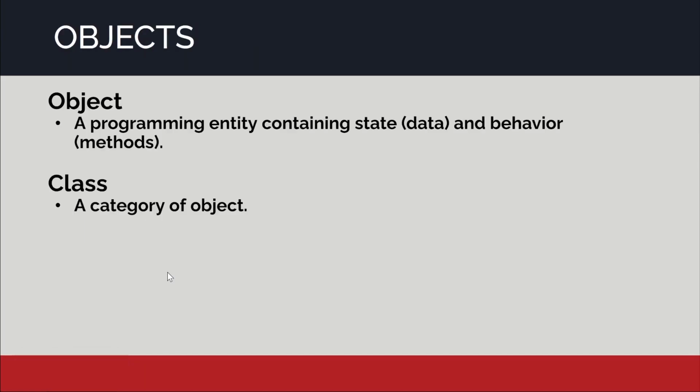Okay, so now moving on to objects. Objects are where things get a little tricky. An object is a programming entity that contains data and behavior, and the two different things, data and behavior, are sort of married together within the object.